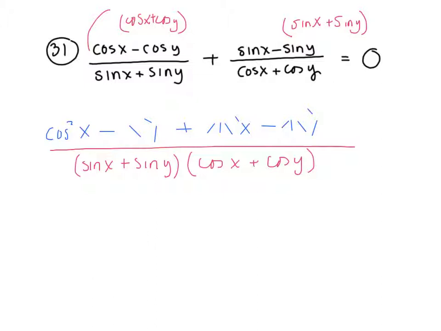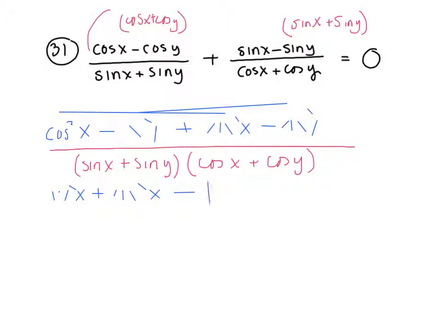Now, here's an interesting thing. If I just reorganize these a little bit, do you see that I've got cosine squared x plus sine squared x? And I know that is going to be, hopefully you know this, right? And then this one right here, both are negative.